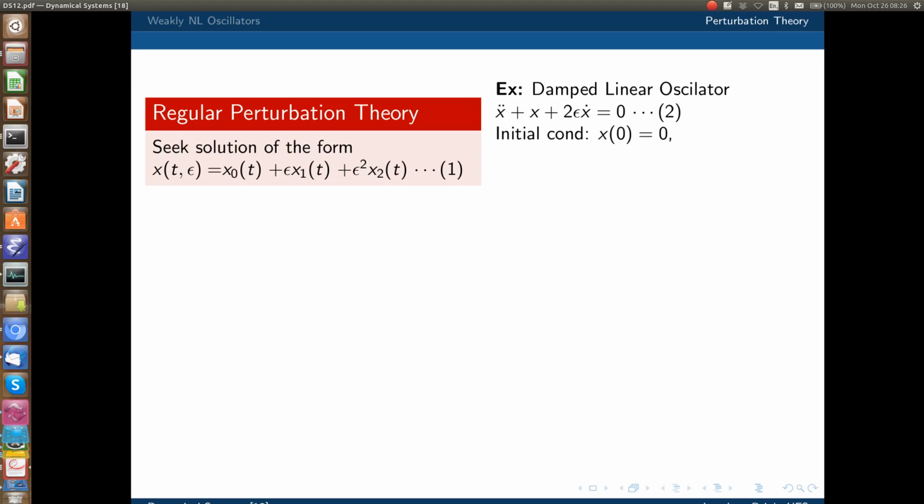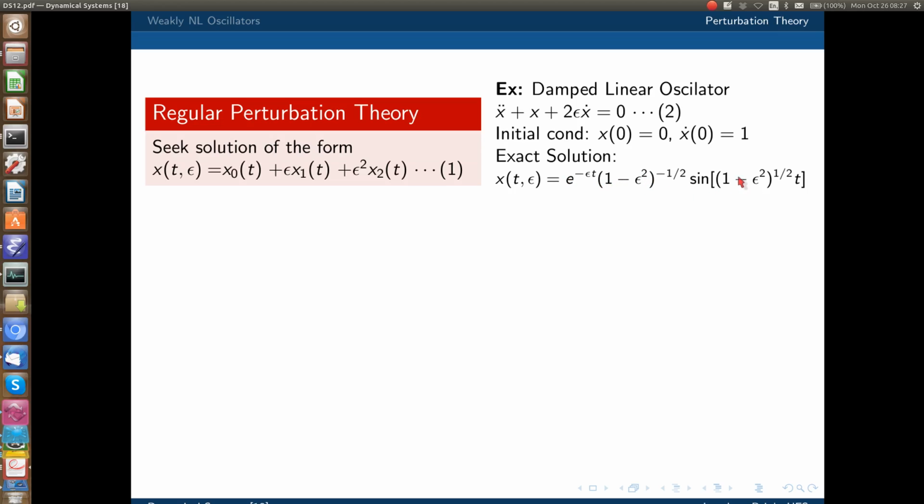So the initial condition is x of 0 equals 0, and just to choose a nice solution, x dot of 0 equals 1. Okay. And then your exact solution, using the linear systems methods that we worked out way back, is that. You can see here the trace is epsilon, which is to be expected because you have epsilon there in the damping, and you have e to the minus epsilon t times 1 over the square root of 1 minus epsilon squared, times your sine term.